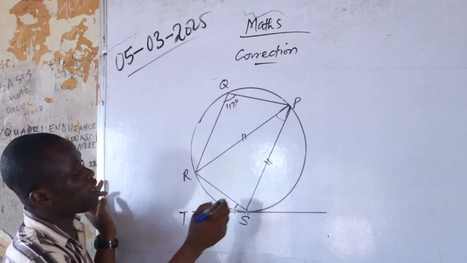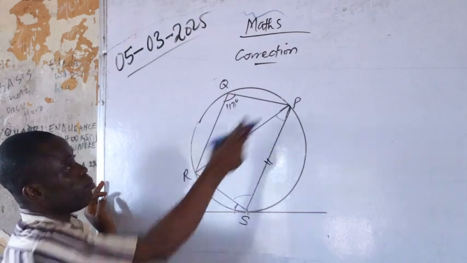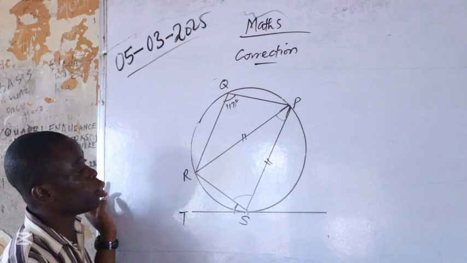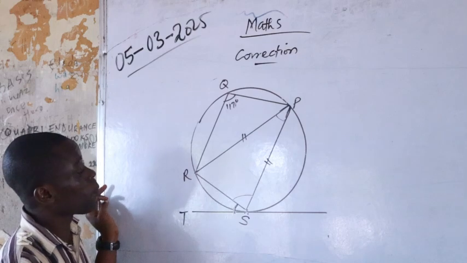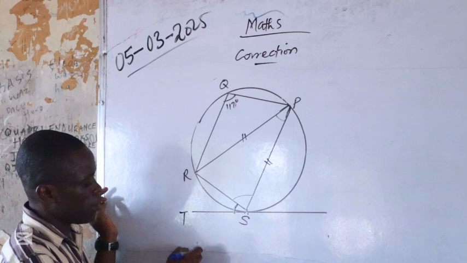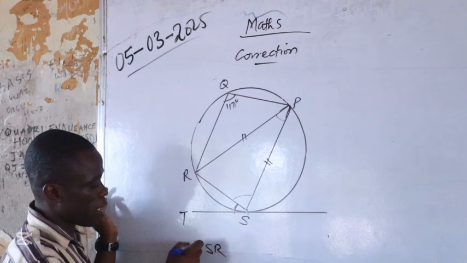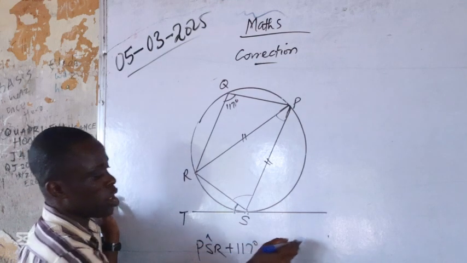You can first get this angle, because this is a cyclic quadrilateral. PQRS is a cyclic quadrilateral, and you all know that opposite angles of a cyclic quadrilateral are supplementary. So we have PSR plus 117 equals 180 degrees.